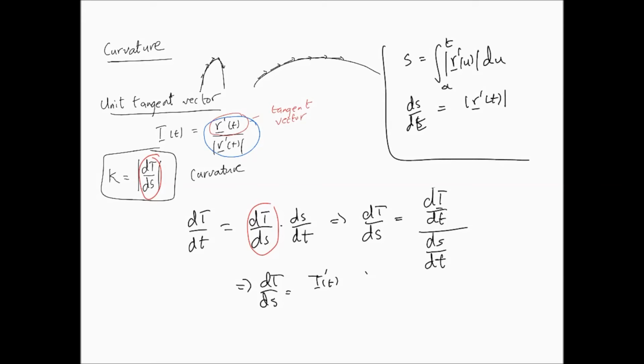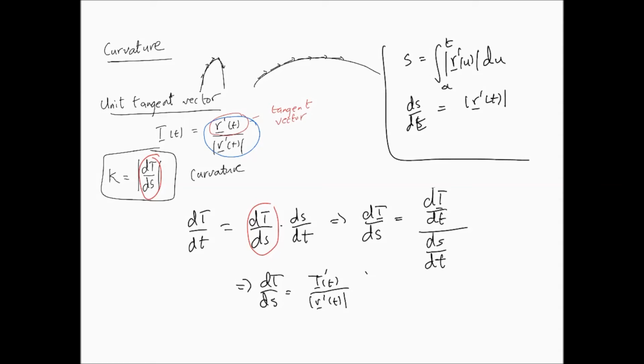And by the way, these are all vectors. The T is a vector here. My apologies. So what you're really saying is T here is divided by, in fact, the magnitude of r prime of t. Okay.